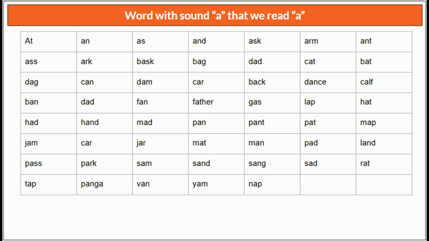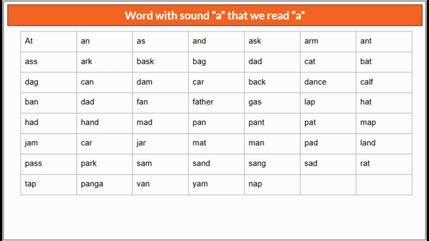If it is the vowel A, we shall read it as A. That's why you see that all of the vowels that we have here, this A vowel, we read it as A: tap, pass, jump, had, ban, dag, as. So now you try to see the difference here.